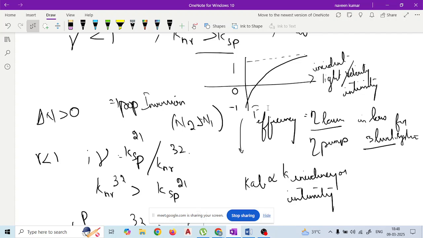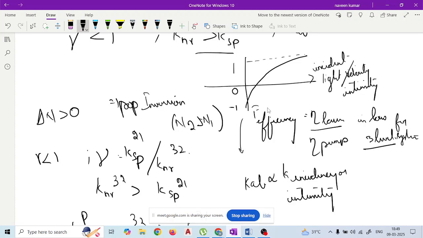So let us see, we are plotting delta n by n as a function of incident light radiation, and it starts with n2 minus n1, where n1 is equal to n, at very low intensities, extremely low intensity for the pumping action to take place. So 0 on this axis is the incident intensity.